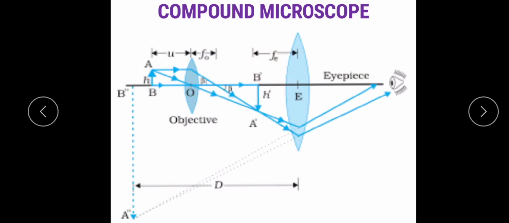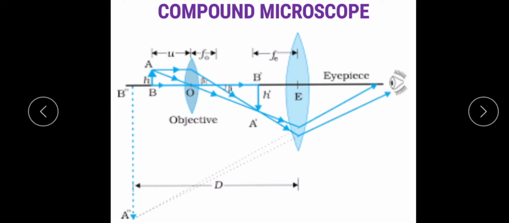Now the eyepiece acts as a simple magnifying lens, and it forms an erect, virtual and enlarged image.